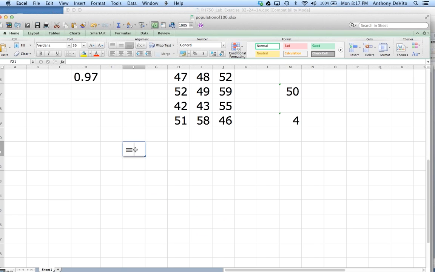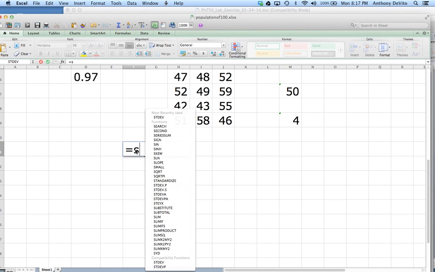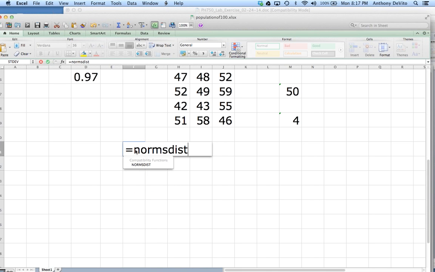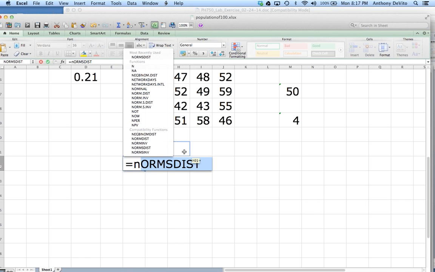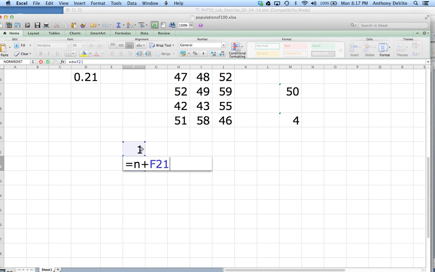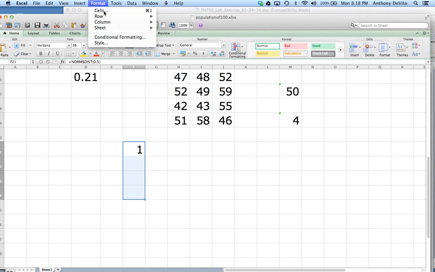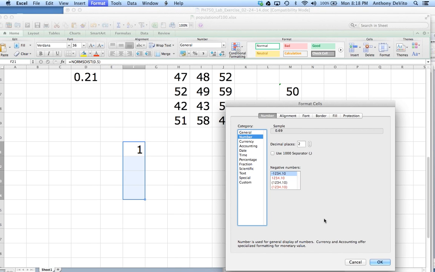I'd find the area to the left of each, using the function NORM.S.DIST, because I already figured out the z-scores. Equals NORM.S.DIST, parentheses, and the z-score for the first number was plus 0.5. Excuse me, I kind of shot myself in the foot there because I formatted these as whole numbers to make that other exercise easier.